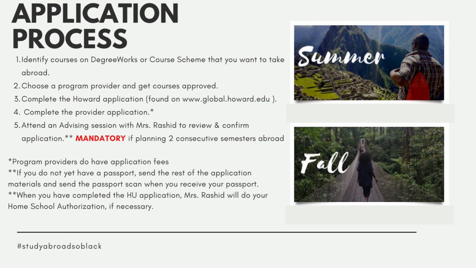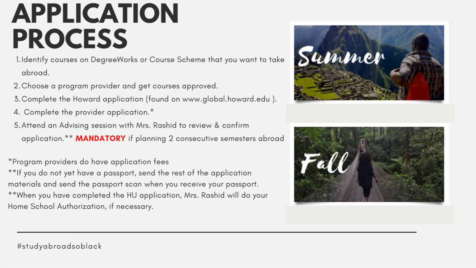Once you have identified a program that works for you, works for your budget, has plenty of classes, and is in a location that you're super excited about, that's the program for you. If you are not quite sure, or you're trying to decide between one program or another, definitely book an advising appointment so that we can talk it through and you can get the guidance that you're looking for.